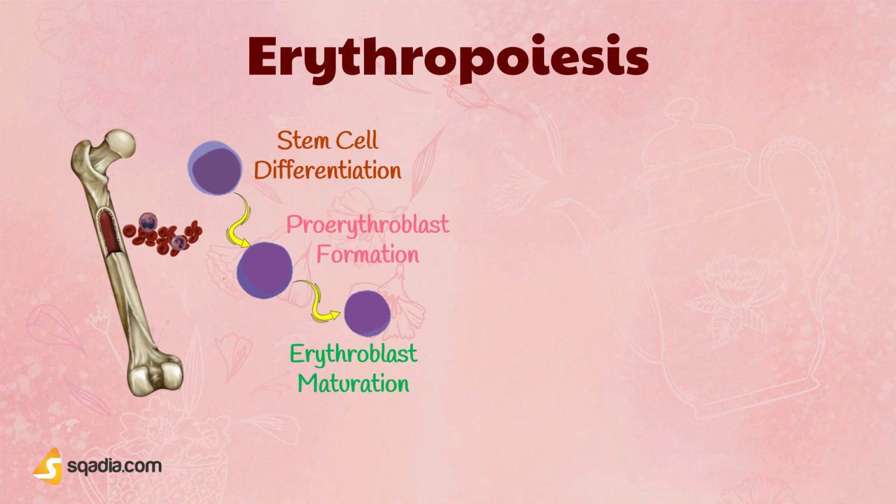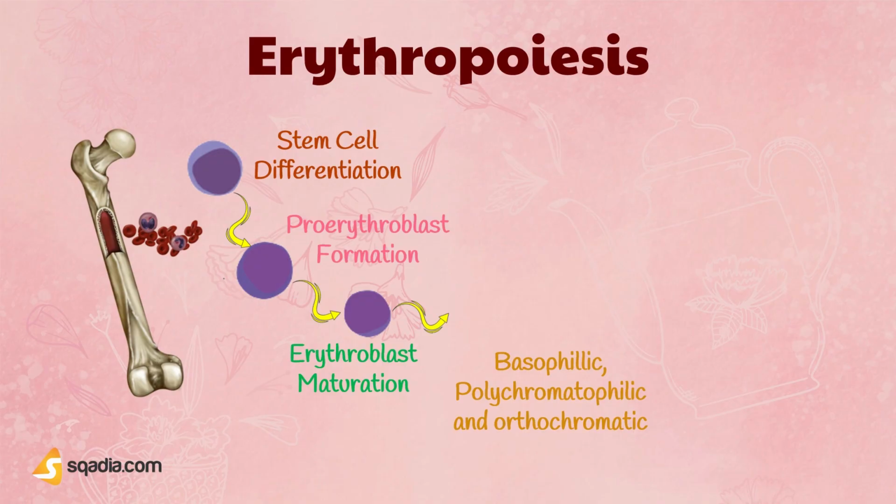The stages include three types of erythroblasts formation, which are basophilic erythroblasts, polychromatophilic erythroblasts, and orthochromatic erythroblasts. During this process, the cells decrease in size, their nuclei condense, and they begin producing the protein hemoglobin.